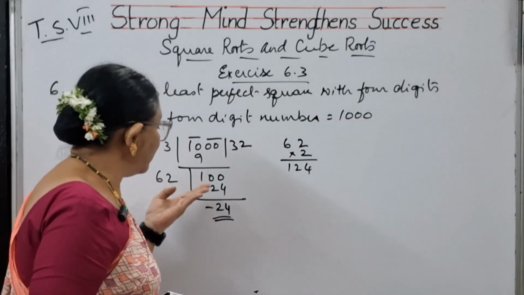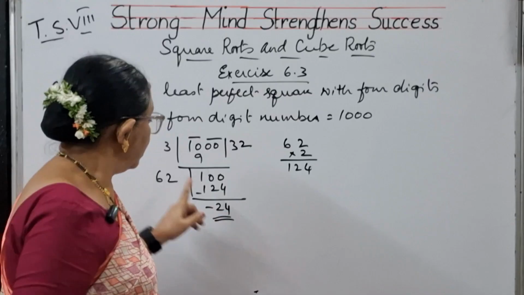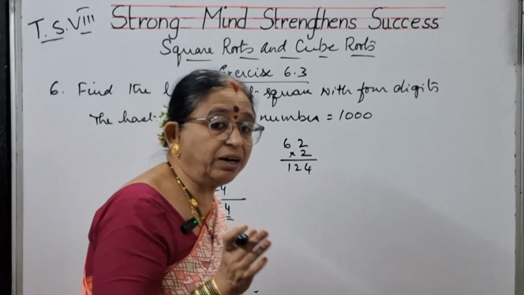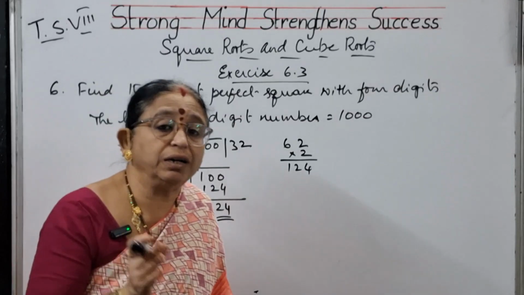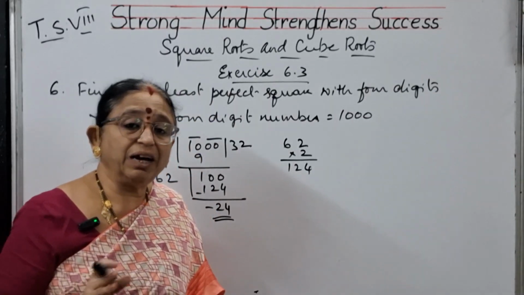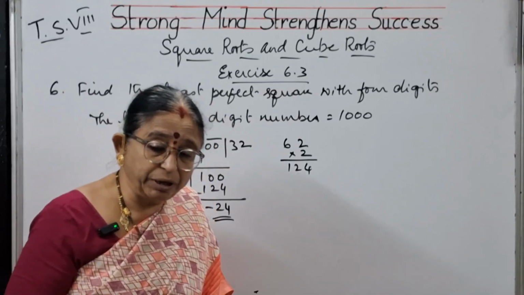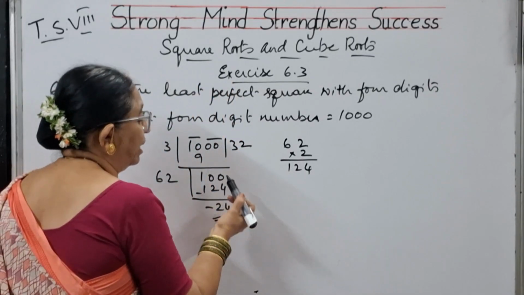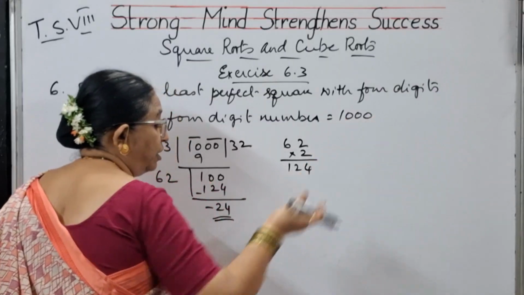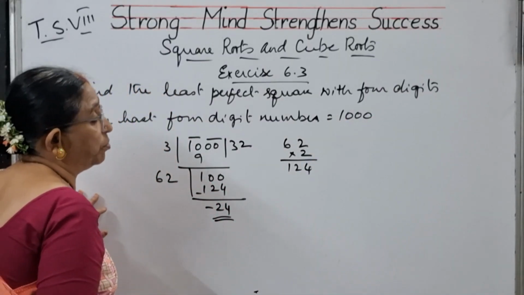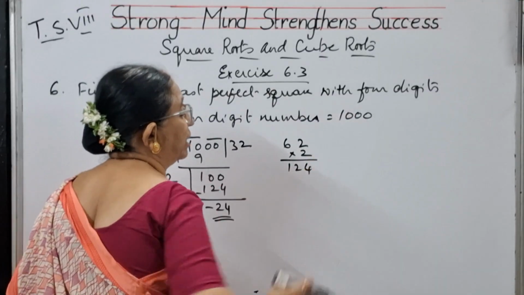So you have to take a number more than this only. You cannot take less than this number, because we are not asking for the least 3-digit number, but the least 4-digit number. If I find a number which is less than 100 and subtract that, you are going to get a 3-digit number, the greatest 3-digit number. You cannot get 4 digits.